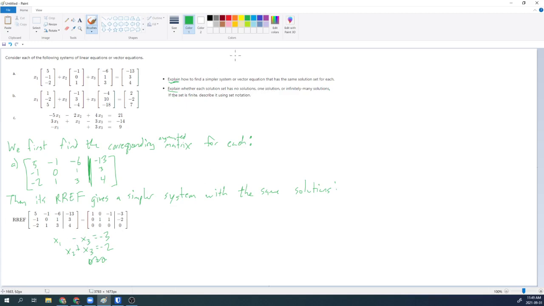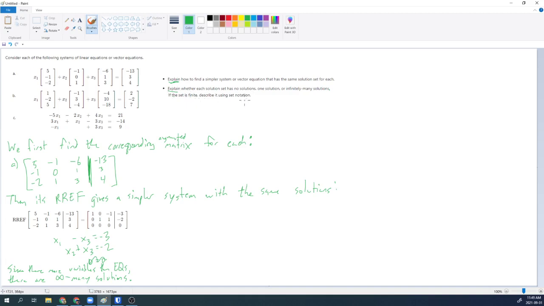But here I have more variables than equations. Since there are more variables than equations, the solution set has infinitely many solutions. There are infinitely many solutions, and the set is not finite.